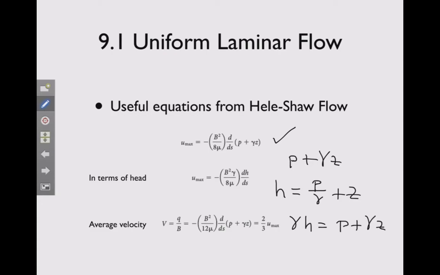If you note carefully, the difference between these two equations is that there's a gamma in here now, and that we've replaced P plus gamma Z with H. This is an interesting result, that the maximum velocity is always in the opposite direction of the direction of the head or the piezometric pressure. So in the direction the piezometric pressure is decreasing, that's the direction the velocity flow is going to be in.